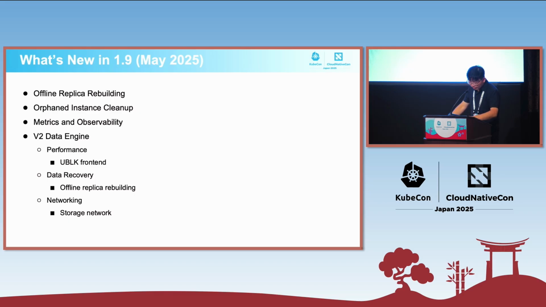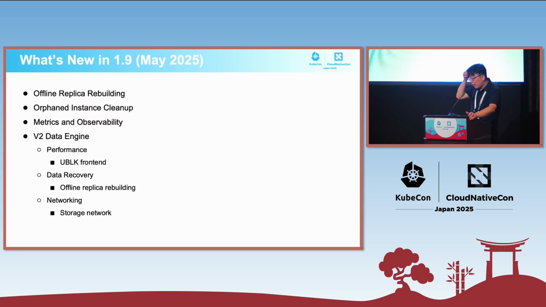Okay, we also introduced the orphan instance cleanup mechanism. Longhorn can periodically scan the runtime instances, for example the replica process and the engine process, compare them with engine CRs and replica CRs, and figure out if there is any orphan resource inside the cluster.